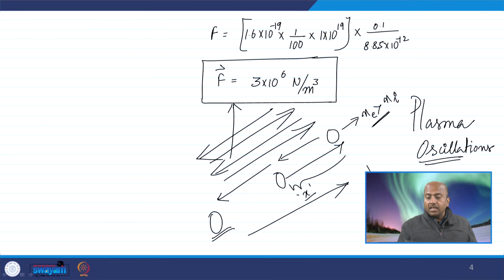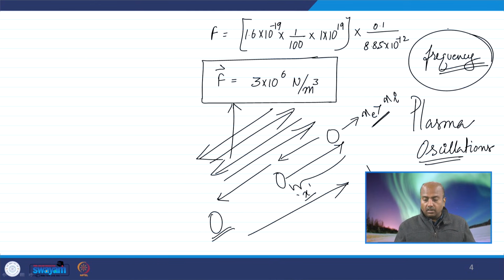As a result, we can identify a frequency of the plasma, because there are oscillations, right? There will be some frequency, and this frequency has to depend on the fundamental properties of plasma, which define what type of plasma it is, whether it is hot or cold, whether there are collisions or not.